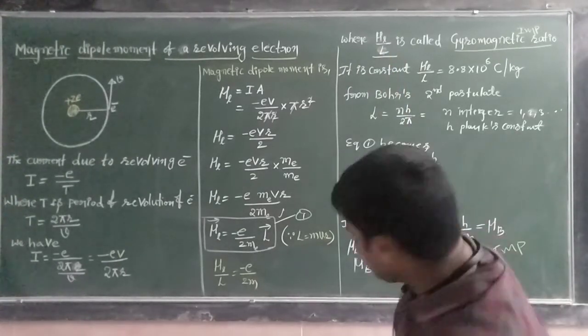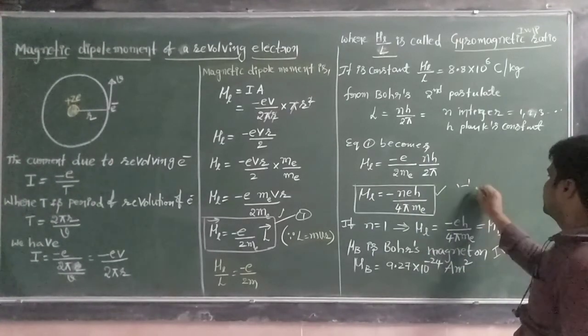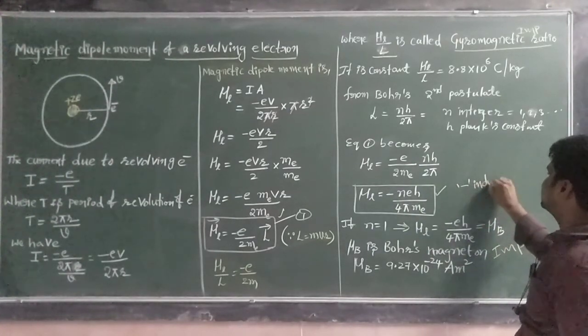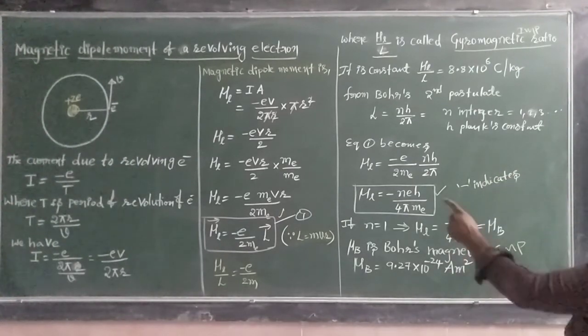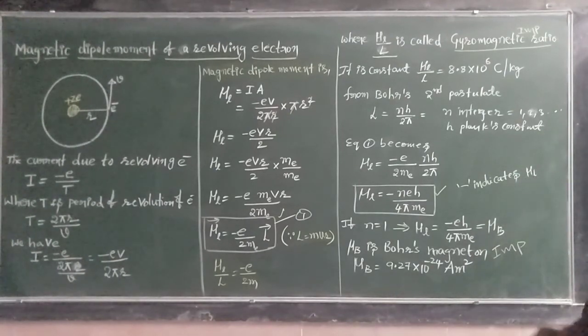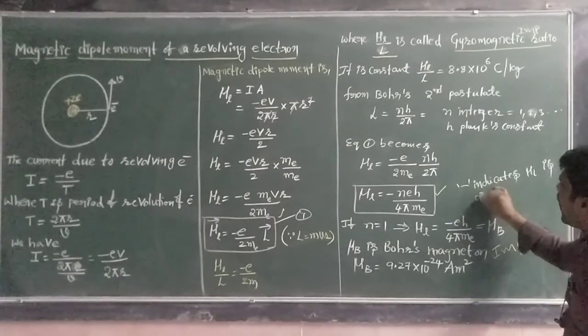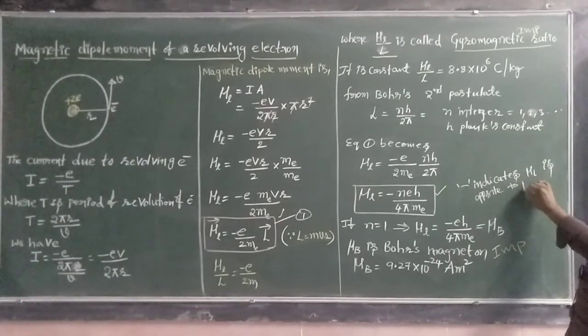Here the negative sign indicates that the magnetic dipole moment mu L is opposite to the angular momentum.